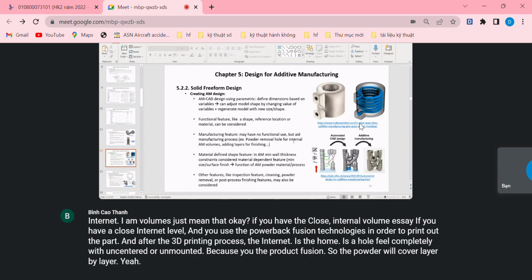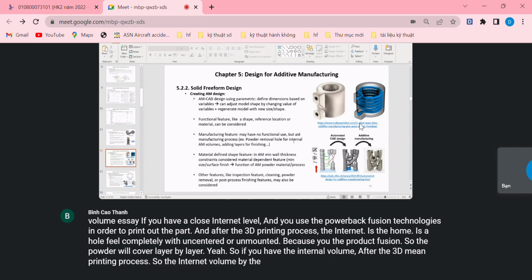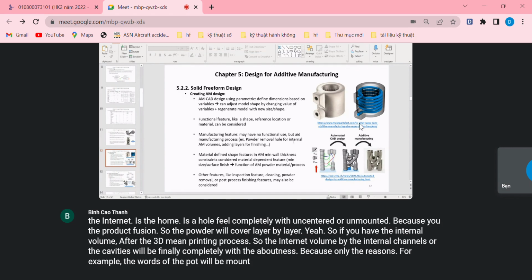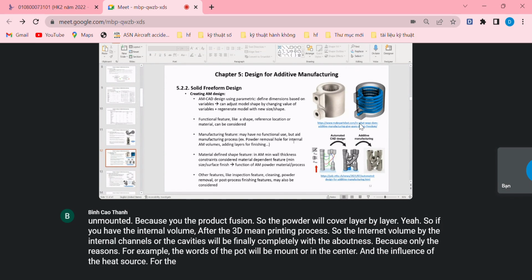So if you have the internal volume after the 3D printing process, like the internal channels or the cavities, they will be filled completely with the powders. Because only the regions, for example, the walls of the part, will be melted or sintered under the influence of the heat source. For the others, the heat source will not irradiate onto them. Yes.